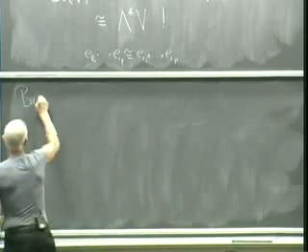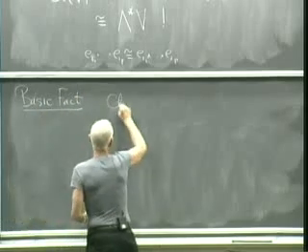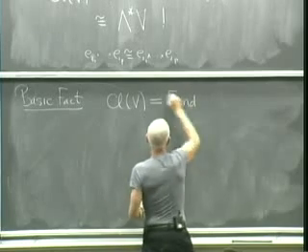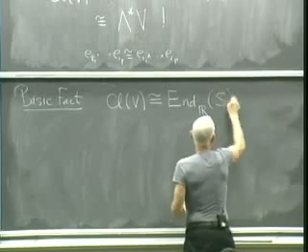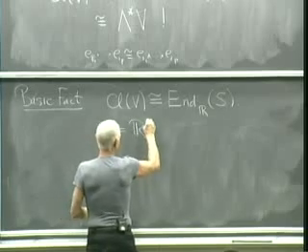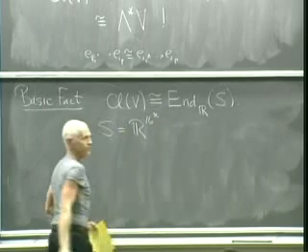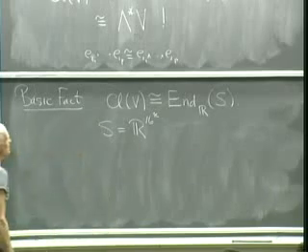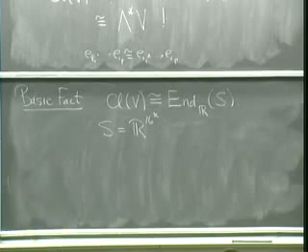So the basic fact is that the Clifford algebra of V is canonically isomorphic to the space of endomorphisms over the reals of another vector space, S, where S is a real vector space of dimension 16 to the power k. Big. So these spaces get huge. And they sort of need to.